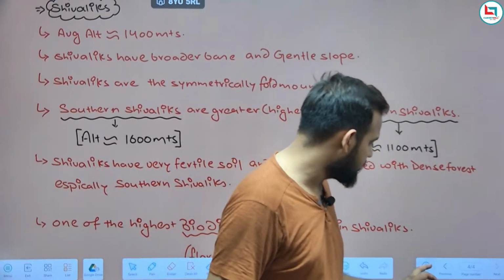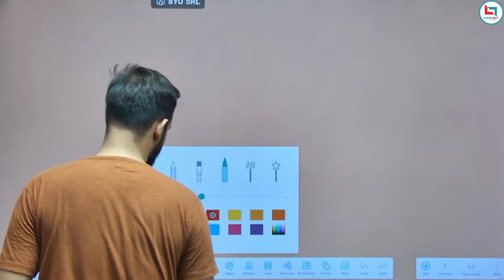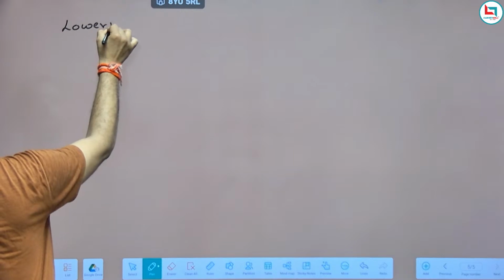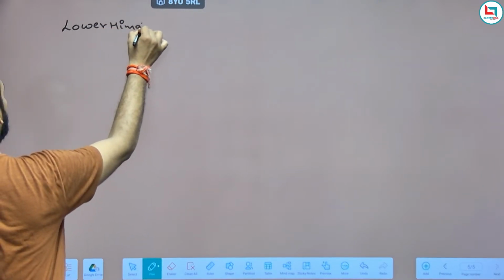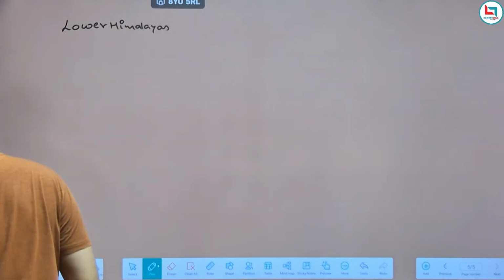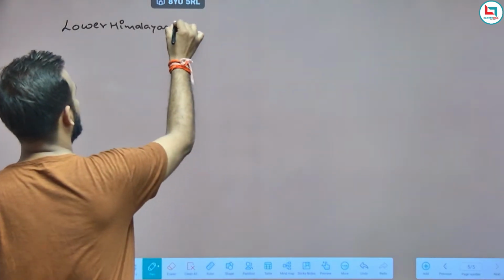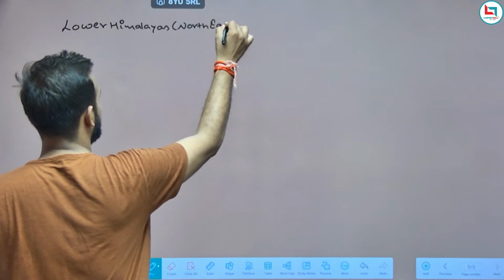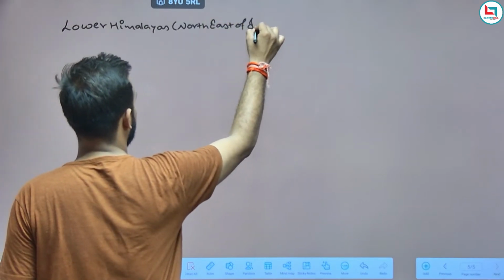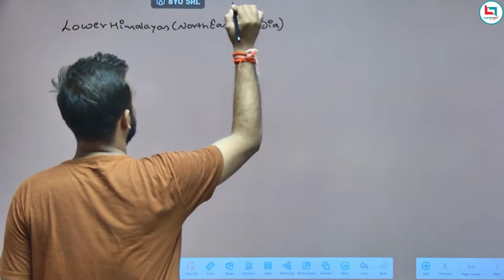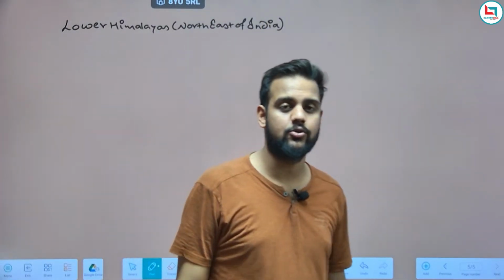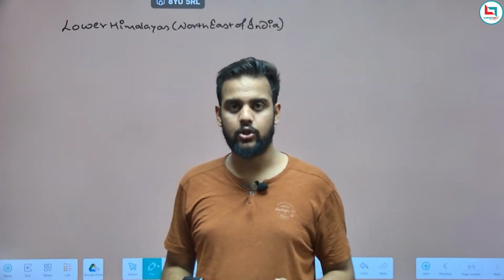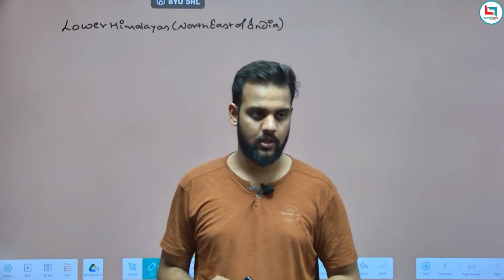So tomorrow's discussion will be about the lower Himalayas, present in the northeast of India. We are going to talk about the mountain ranges of northeastern India, the lower Himalayan mountain ranges.